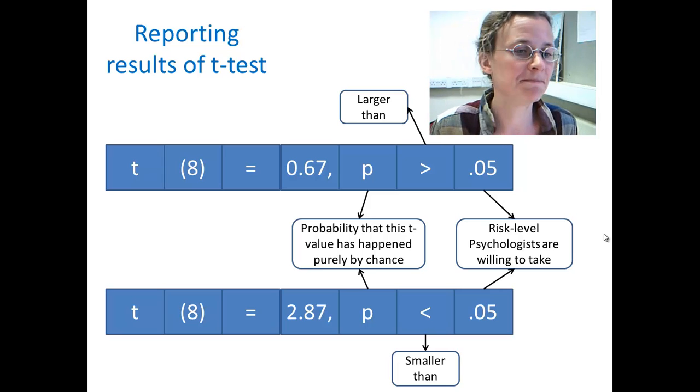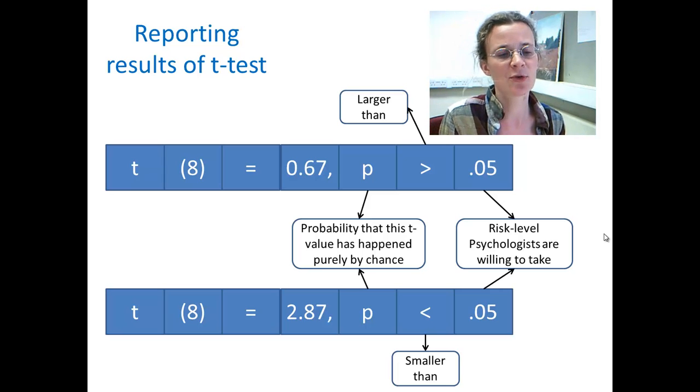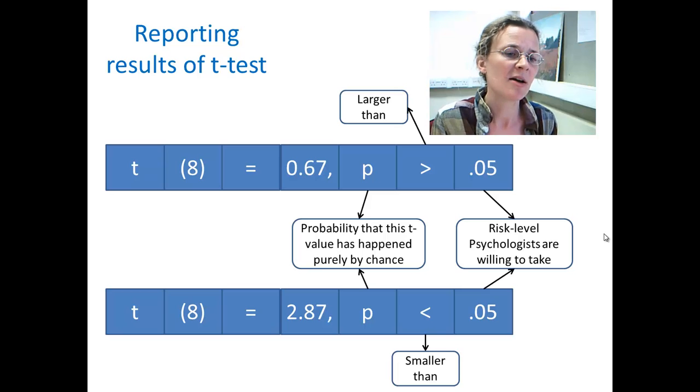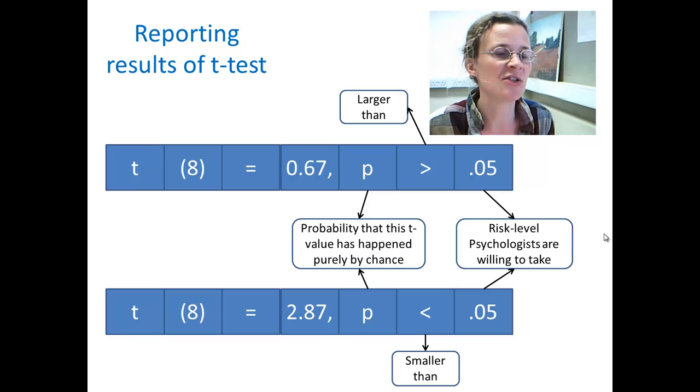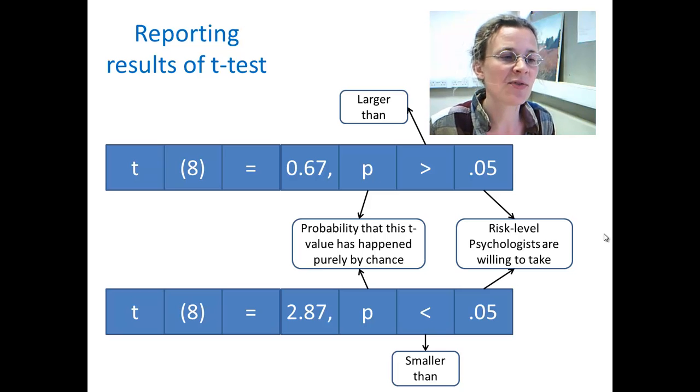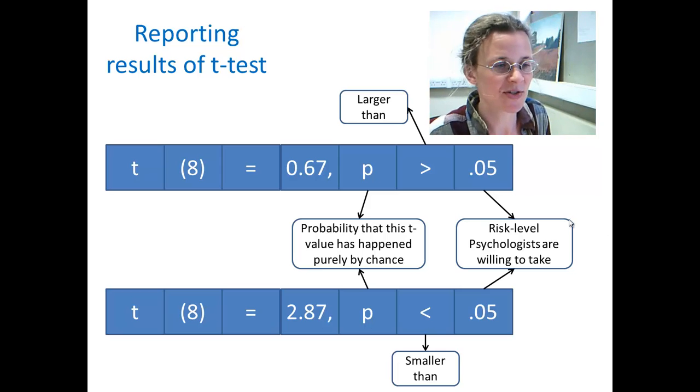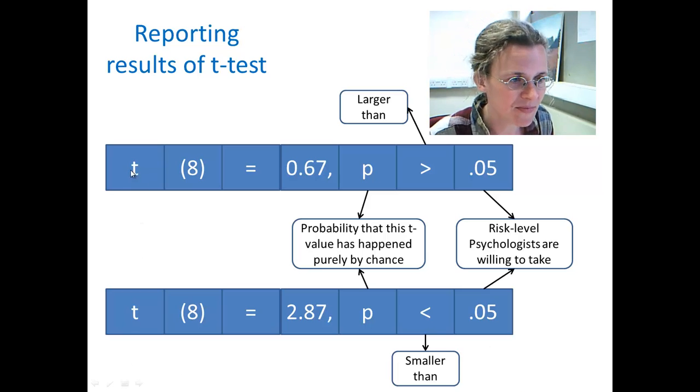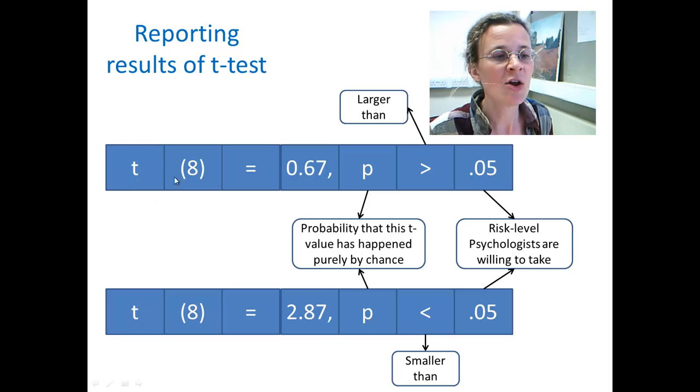The t-test caused a little bit of confusion for some, so I've made it explicit here what each thing stands for. You've got a little sentence, that standard phrase, and within that standard phrase there's this bit about t equals something, comma, p equals something. So just have a look at this. You've got your t value, and in brackets the degrees of freedom.